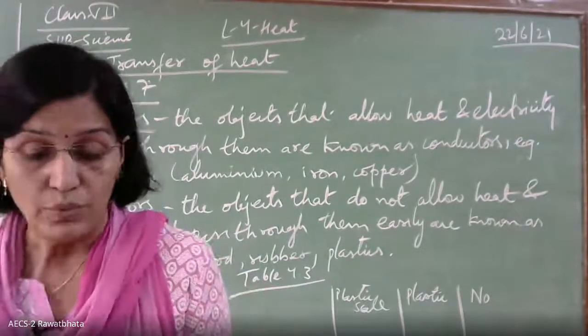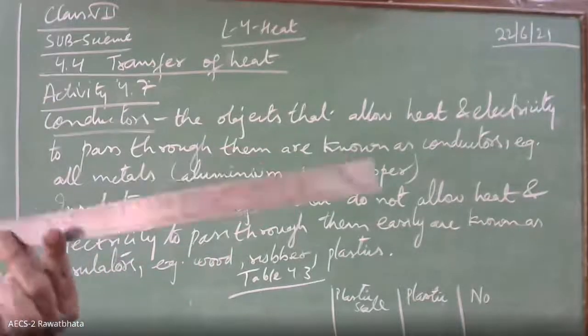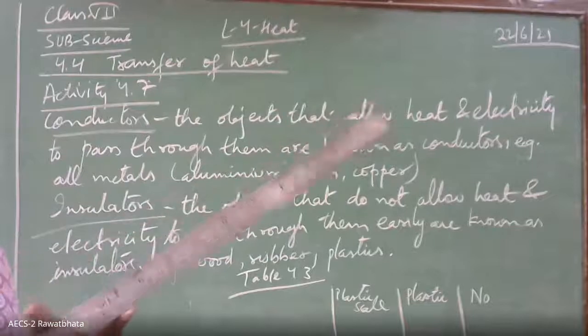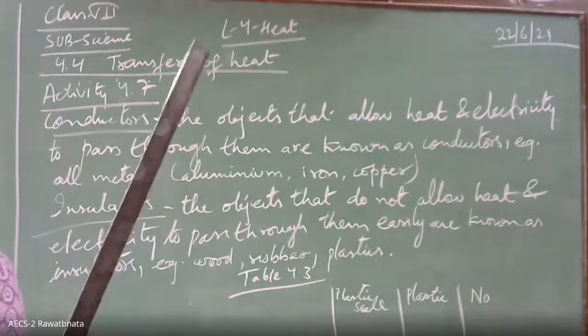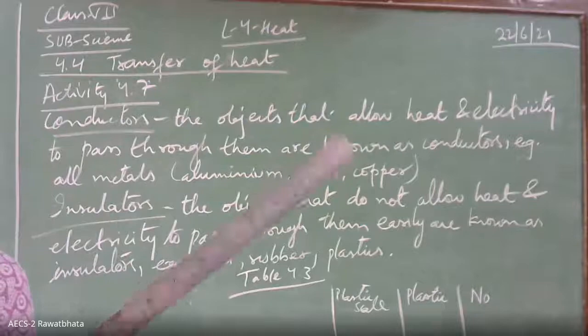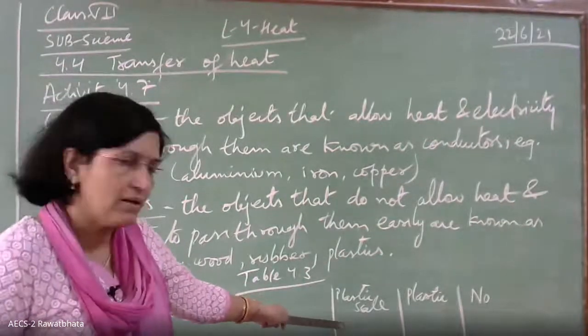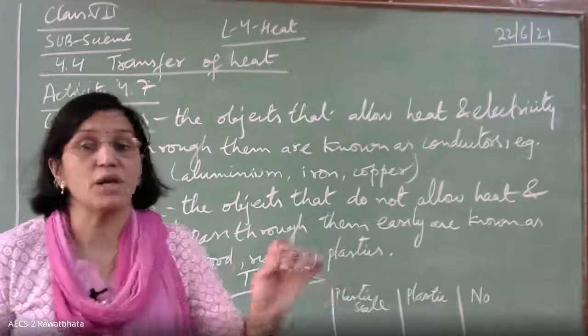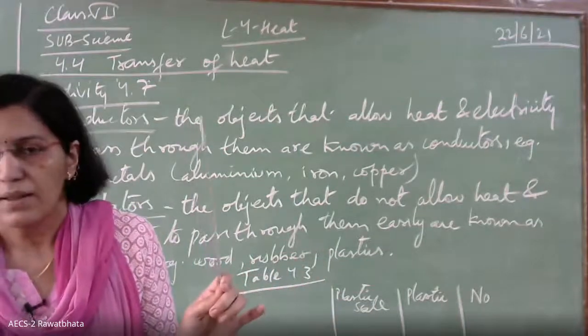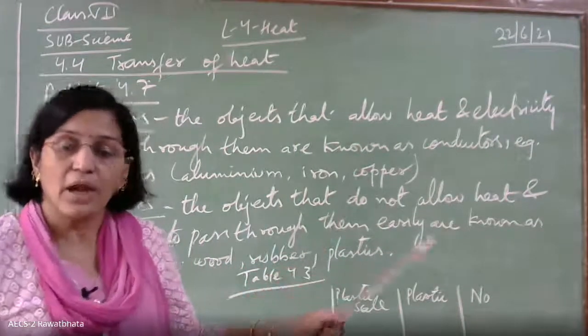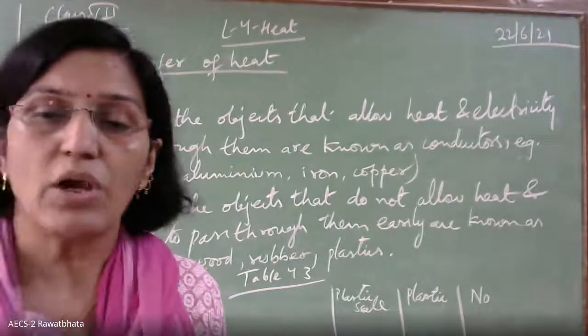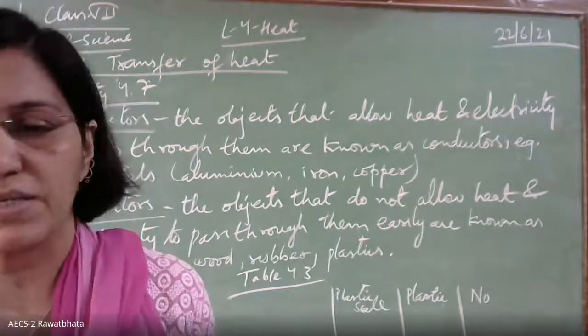I had shown you the plastic scale. Now this is a metal scale. Next category after that is the metal scale. So you will be writing here metal scale, made up of steel. That means in the last column, the answer will be yes.